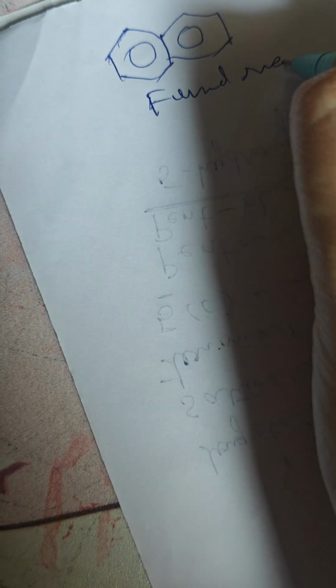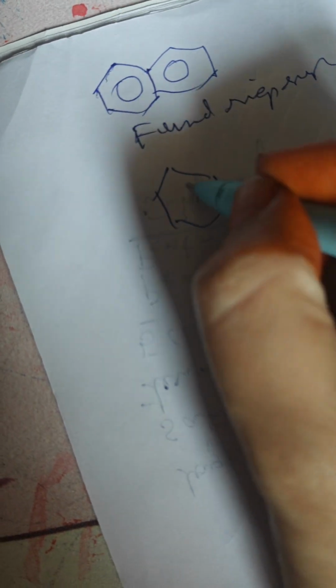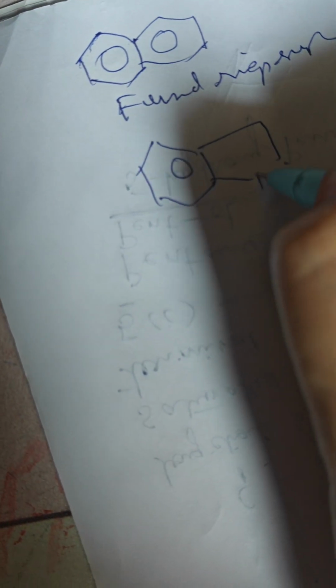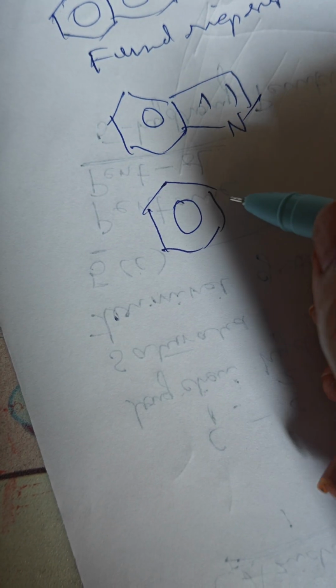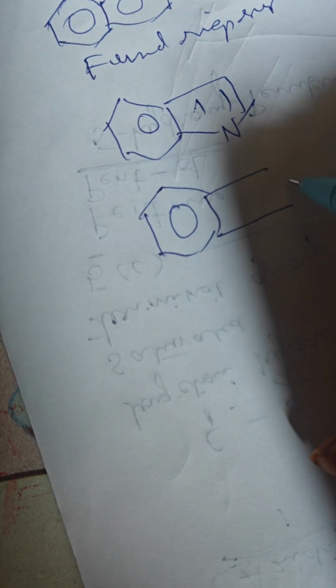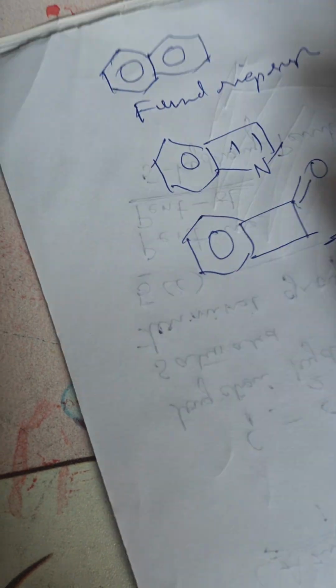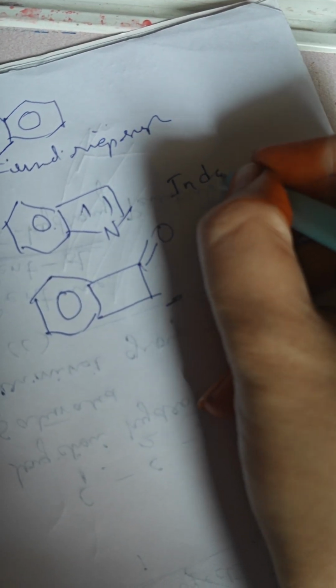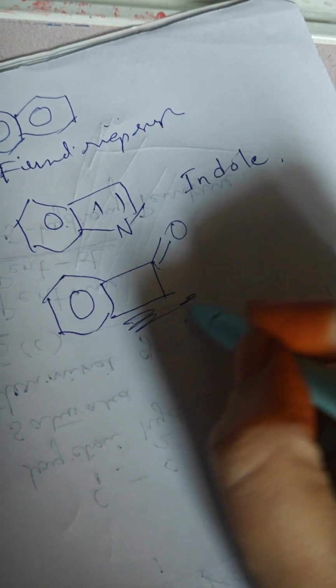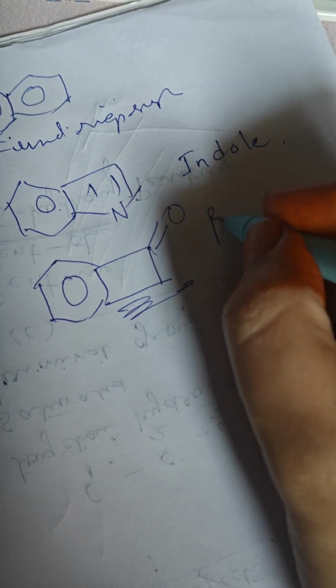They are called fused ring systems, such as naphthalene, indole, beta-lactam.